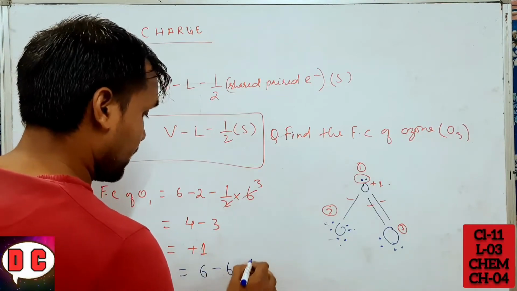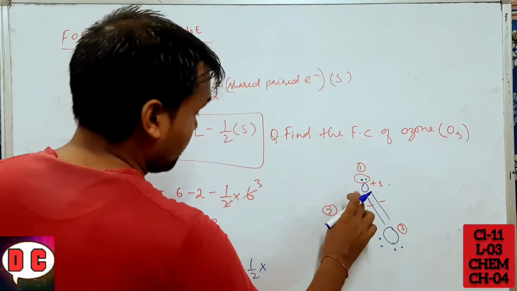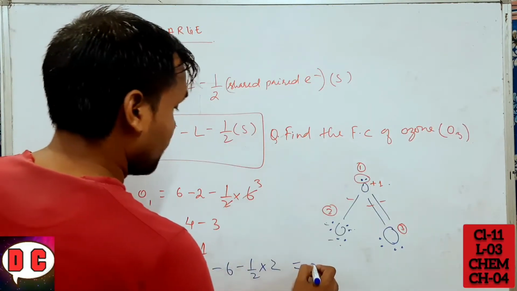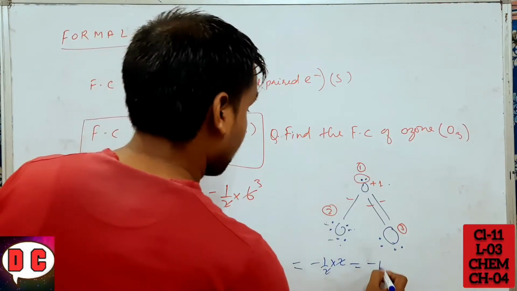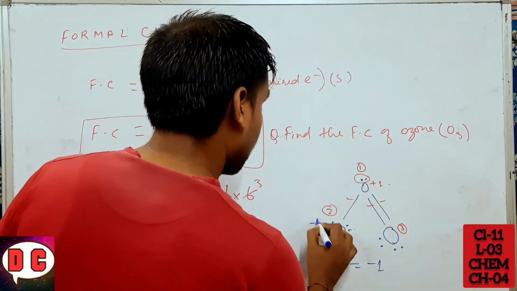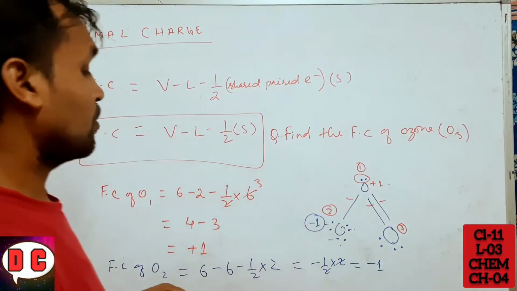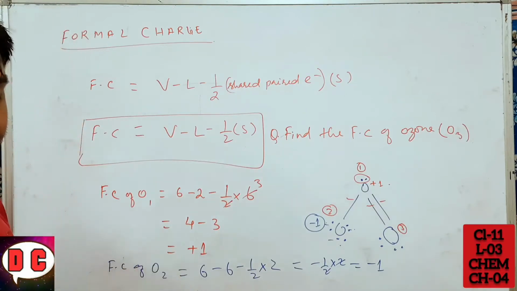So 6 minus half of shared pair. How many bonds is it forming? Only one bond, so 2. So 6 minus 6 is 0, and minus half into 2 equals minus 1. The formal charge on oxygen 2 is minus 1. Hope, dear students, you are understanding it.